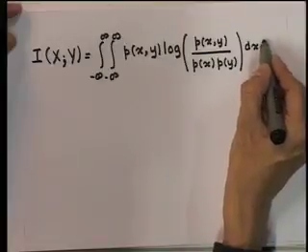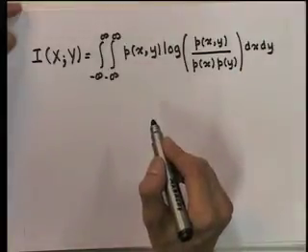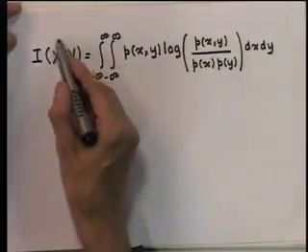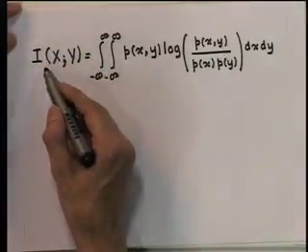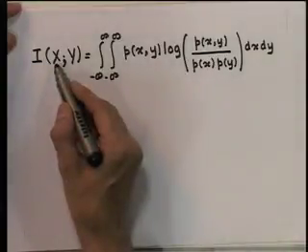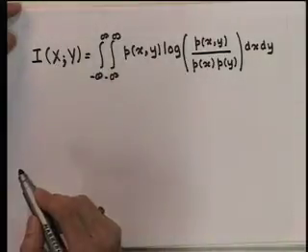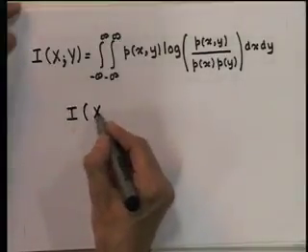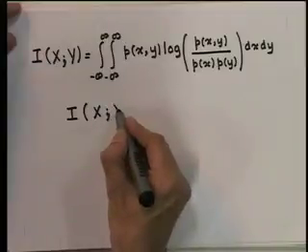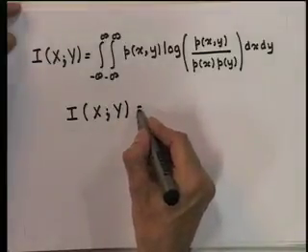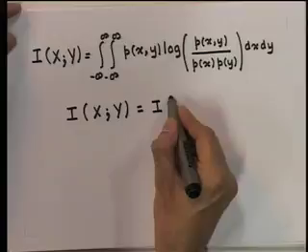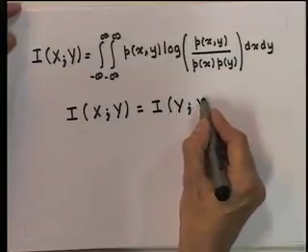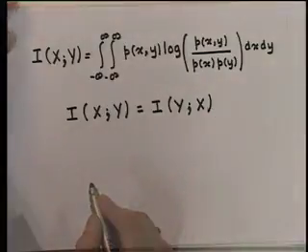Now, this equation clearly shows that the mutual information is symmetrical with respect to x and y. Hence, we can write I(x;y) is equal to I(y;x), the mutual information between y and x.